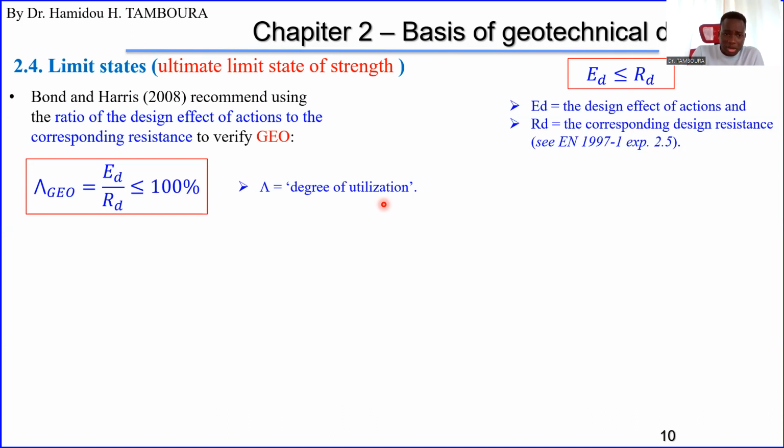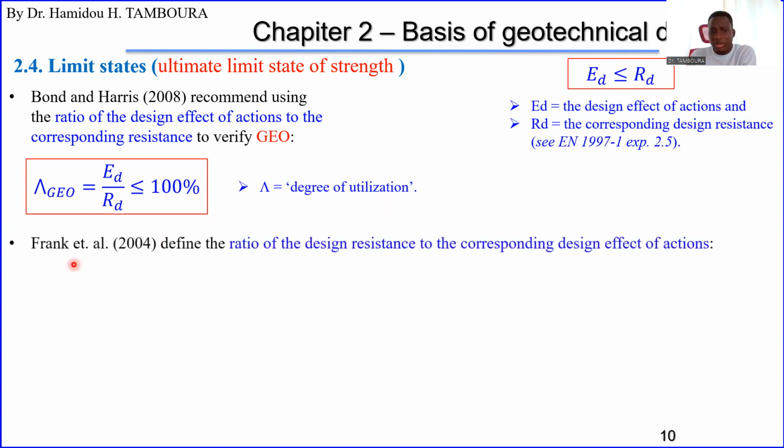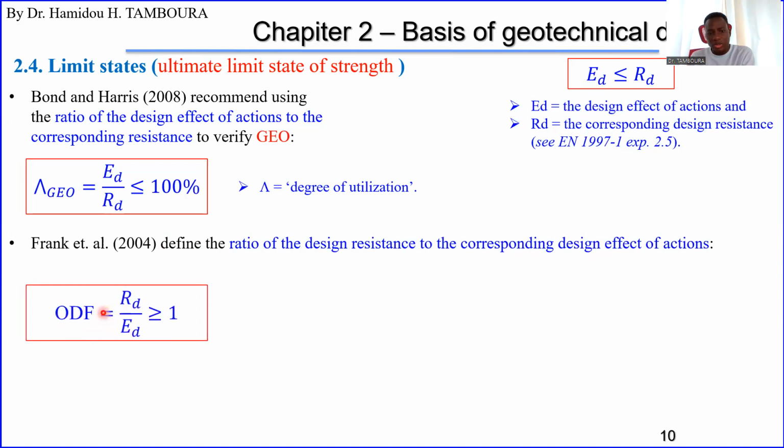Okay. And another reference, Frank et al., proposed the design resistance corresponding to the design effect of action. They propose this one. Technically, same. As you can see, this is just the inverse of this. This one, ODF, means over design factor.